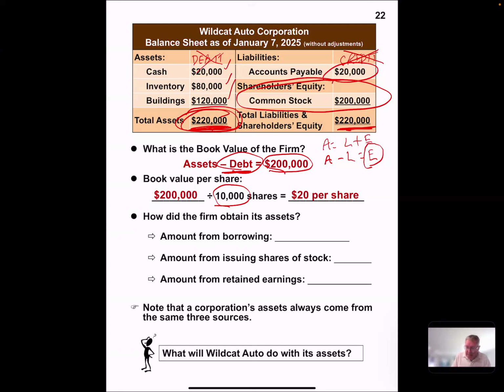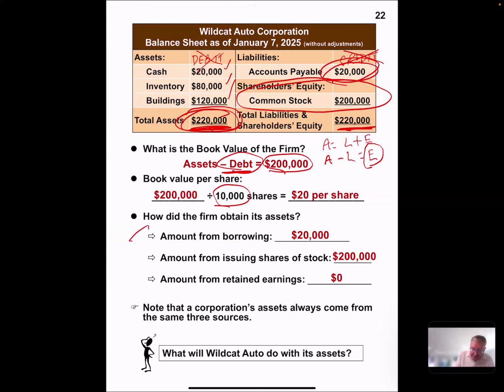So in this example, from liabilities, we have 20,000. The amount from equity, from paid-in capital, from common stock is 200,000. At this point, there's no retained earnings. Haven't had any earnings yet, right? So the amount from earnings, 0.